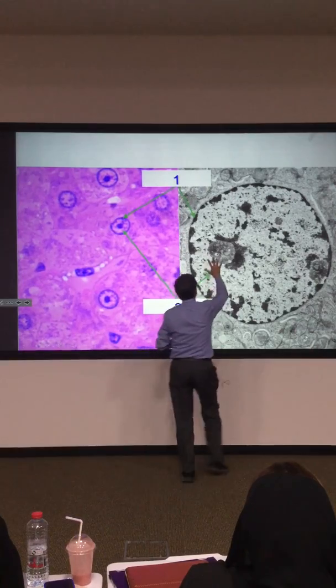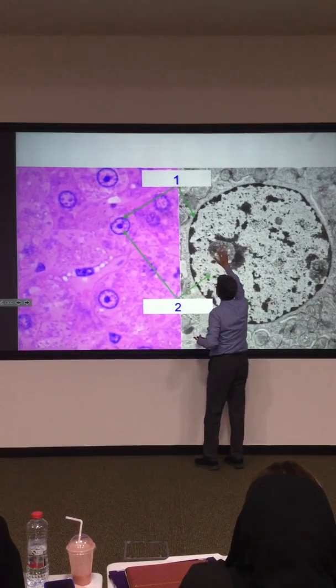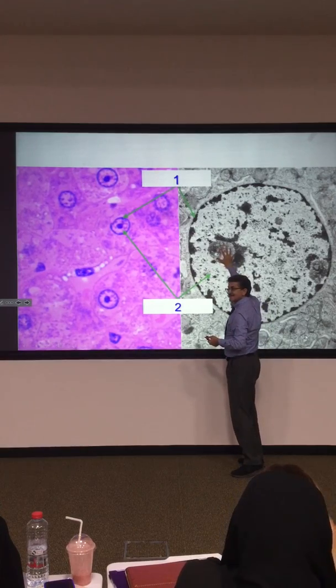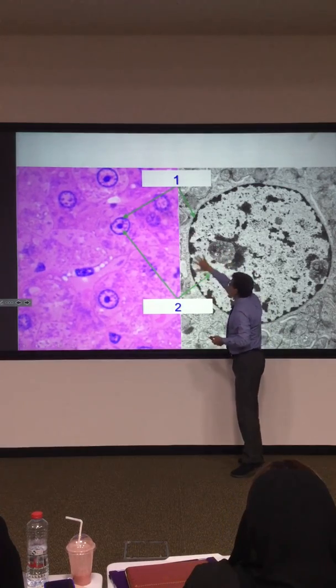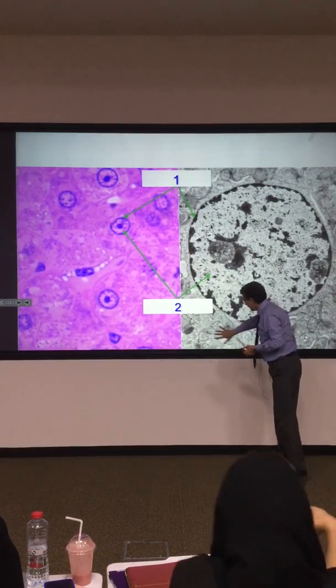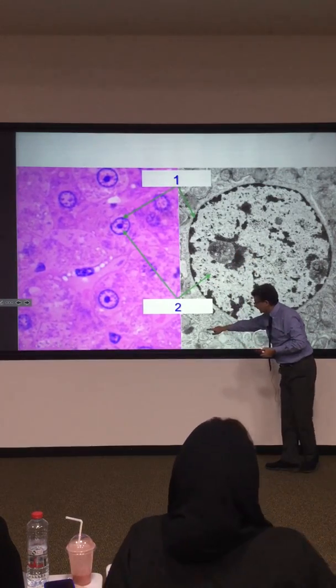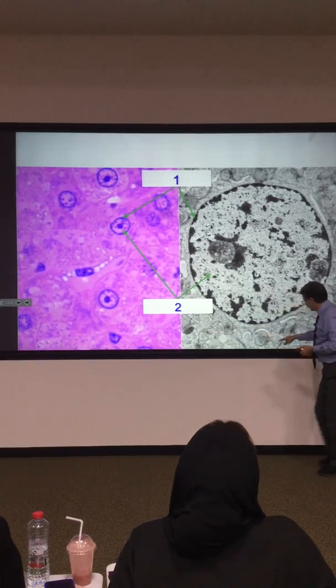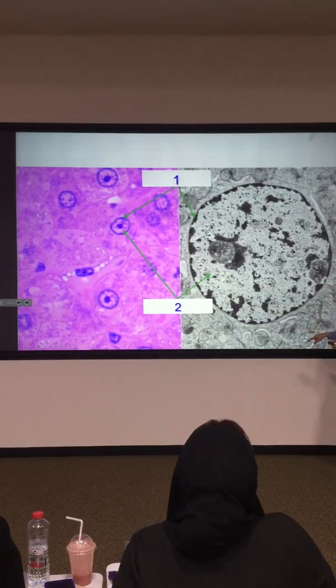This, what is this here? This is nucleolus. And this is the nucleus. The whole spherical structure here is the nucleus. And this is the cytoplasm that contains some elements of rough ER and some mitochondria. These are mitochondria here, many mitochondria.